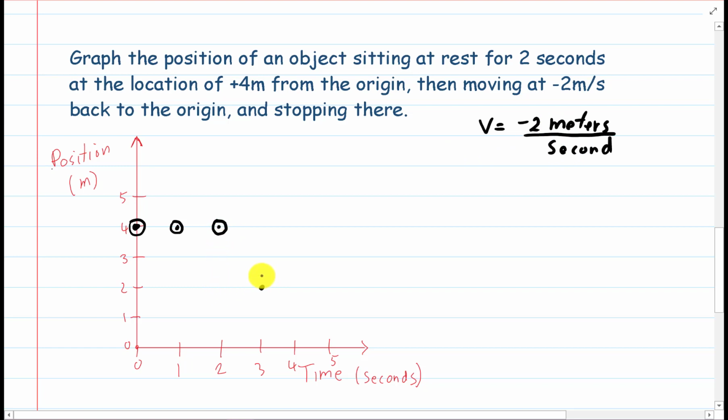It goes to here, it goes down 2. And then another second, it goes down 2, and we're back at the origin. Anywhere on that baseline there is the origin. It is a 0 position. And then it stops there. So at a time of 5 seconds, it's still there.